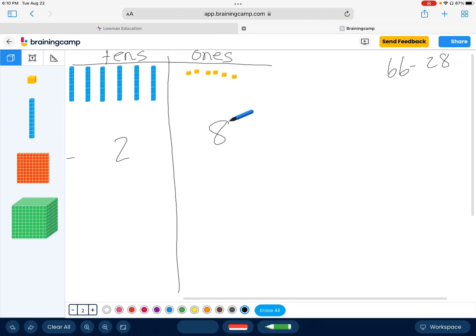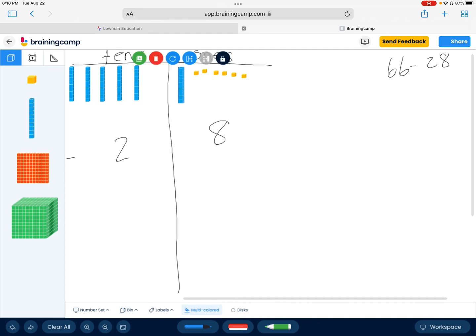If we start in the ones column, as soon as we start trying to take away 8 ones, we realize very quickly that we cannot do that because there are not 8 ones here. We only have 6 ones. Once the kids see that, they know the solution to that problem is that they need to go to the tens place and they need to take one of these tens and move it back to the ones where it came from.